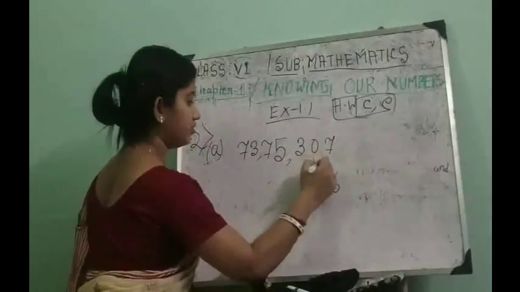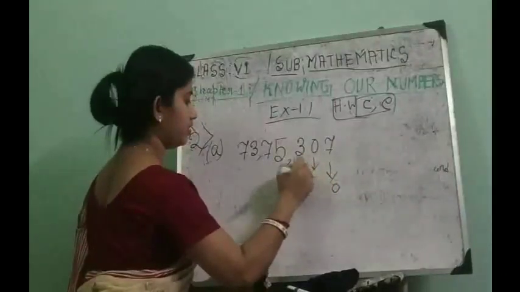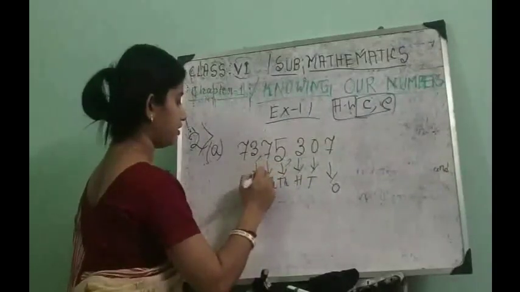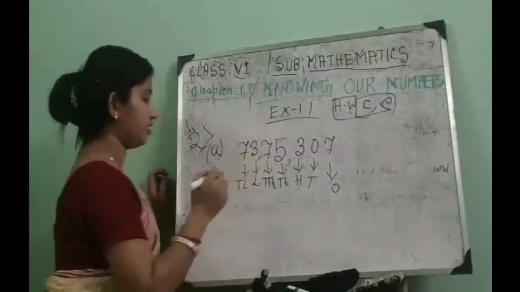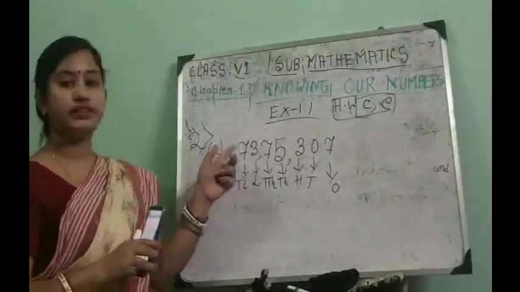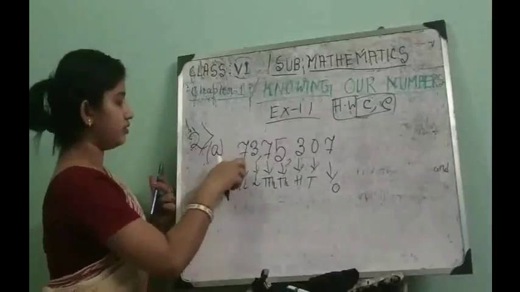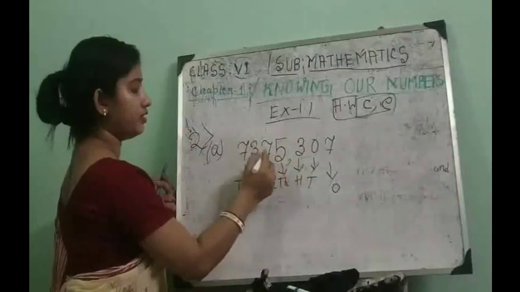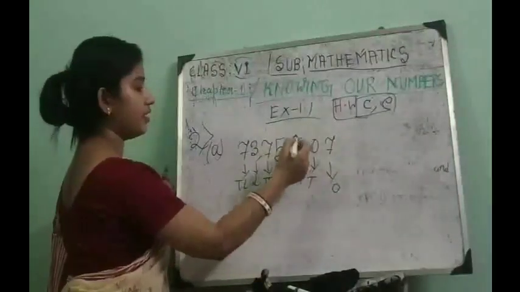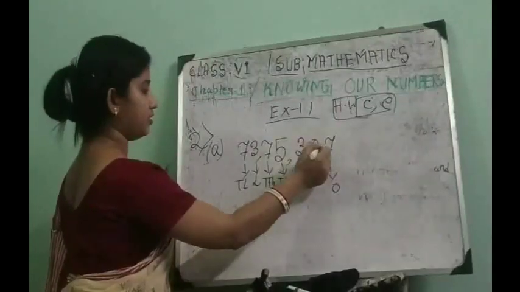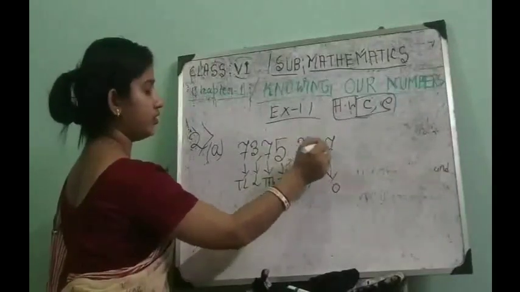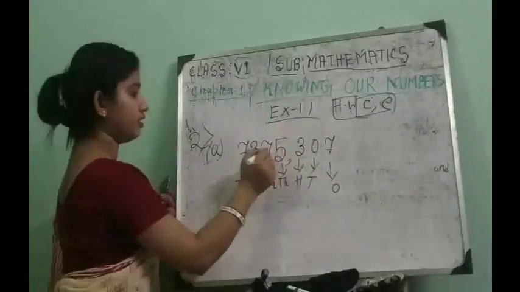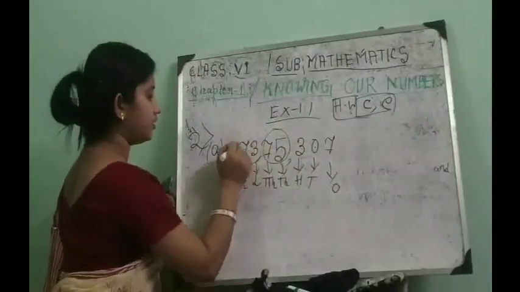This is 1 place, this is 10, this is 100, this is 1000, this is 10,000, this is lakh, this is 10 lakh. Here given 73 lakh. So we shall write 73 and 75, this is 1000 place, and 307. So we shall write 0 and last 7. This is 1 place, this is 100 place, this is 1000 and this is 10,000, this is 10 lakh places.